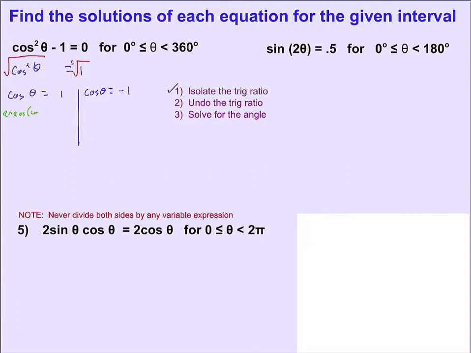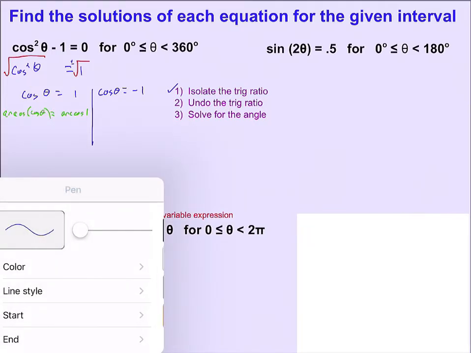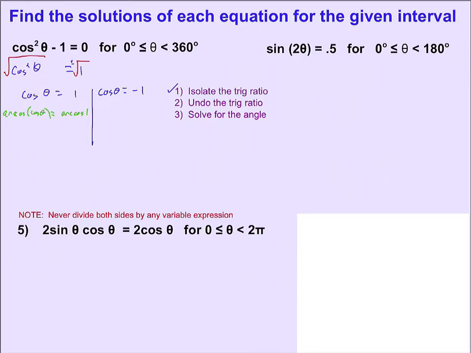So arc cosine of the cosine of theta equals the arc cosine of 1. Now the whole point of doing this, though, and this is why you're not really going to write this out every time, is just because the arc cosine of the cosine is the angle. The whole point of inverses is they undo each other. And so what is the arc cosine of 1?